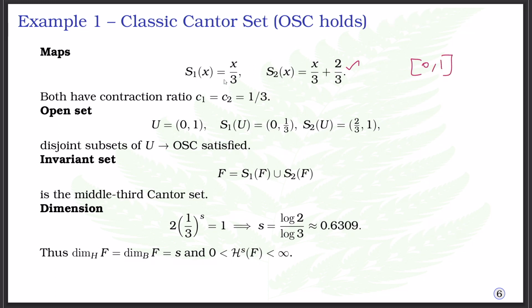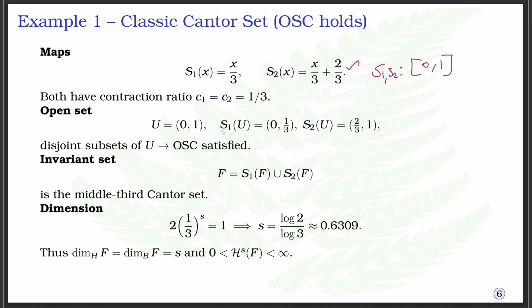Both S1 and S2 are defined on the closed interval 0, 1. Now, take the open and bounded set U equal to 0, 1. Then S1 of U is 0, 1 by 3 and S2 of U is 2 by 3, 1.